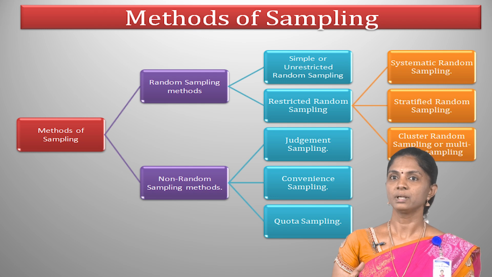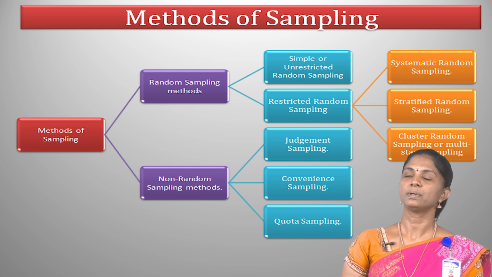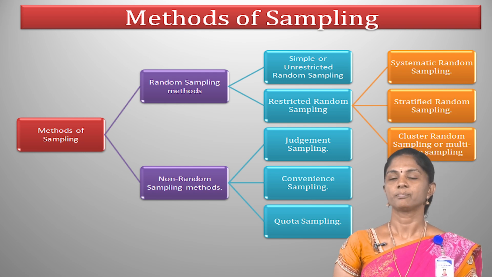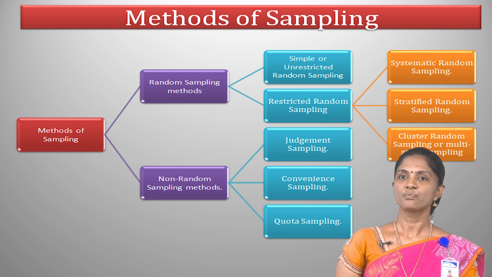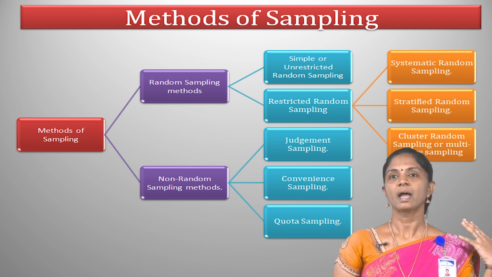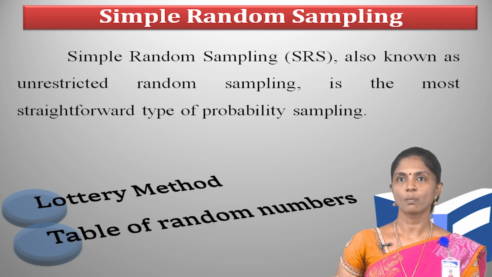Restricted random sampling is further divided into systematic random sampling, stratified random sampling and cluster random sampling. The non-random sampling method is further classified into judgment sampling, convenience sampling and quota sampling. So next I will explain one by one.